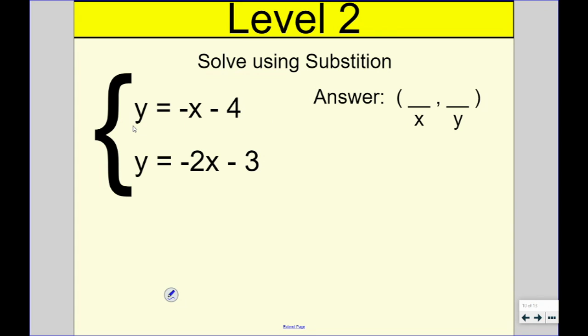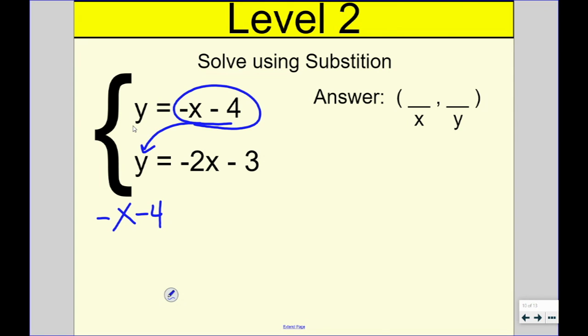All right. So y equals -x minus 4. I'm going to substitute that in the other equation where the y is. So I'm not going to write the y that's in the second equation because I'm going to substitute it with what I said that y is equal to.